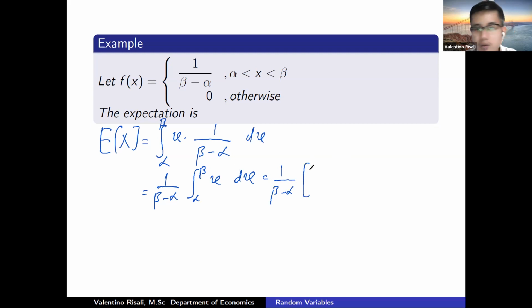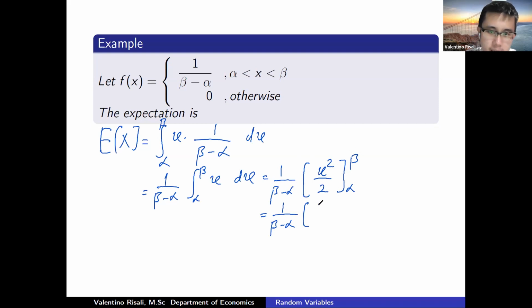The integral of x is this, from alpha to beta. Substituting, we get beta squared divided by 2 minus alpha squared divided by 2.